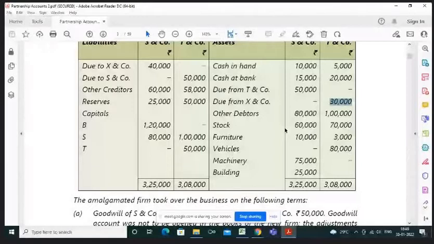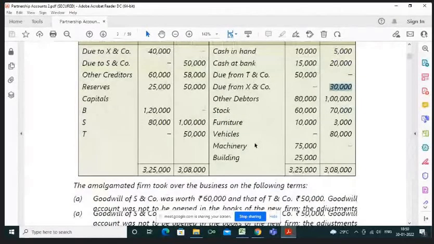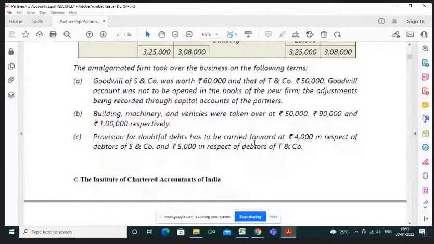If you look at the S and Co, they have 50,000 on the asset side. So we have to remember this point. Mutual owings should be removed when we consolidate the new firm's balance sheet. So from that perspective, we have to be alert to this point.